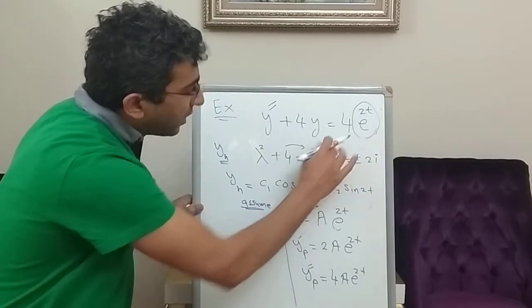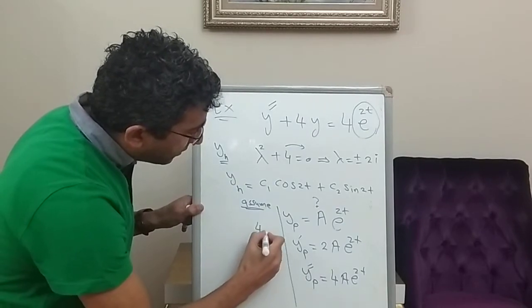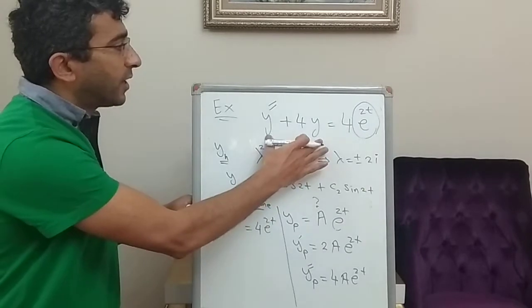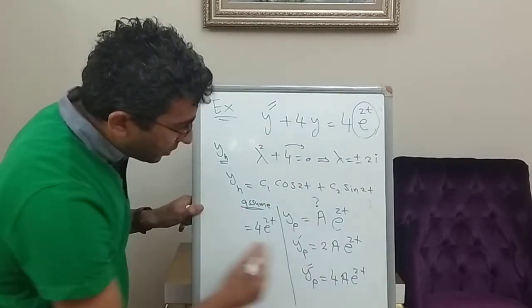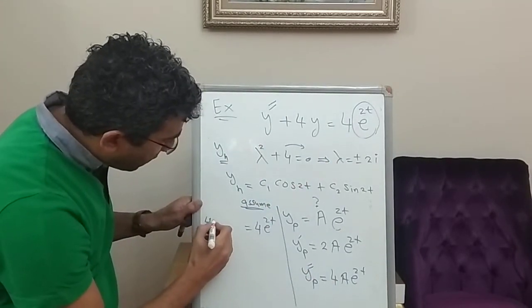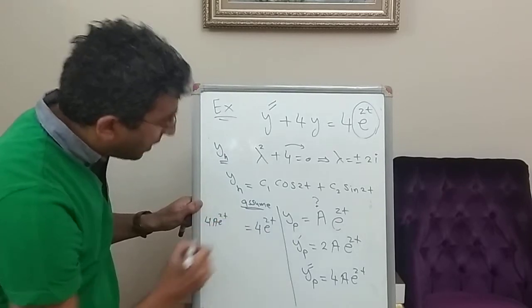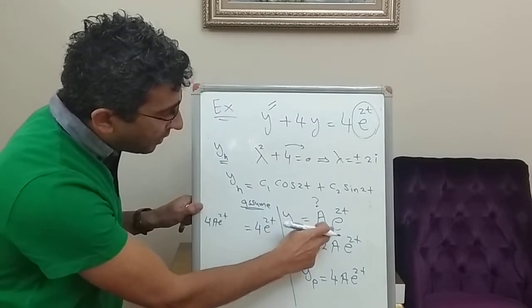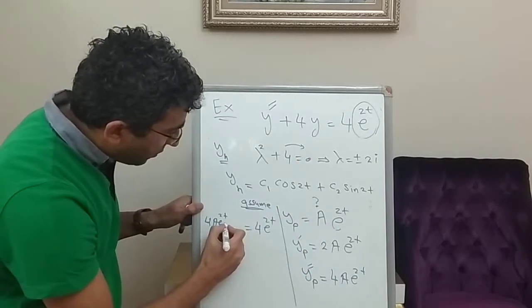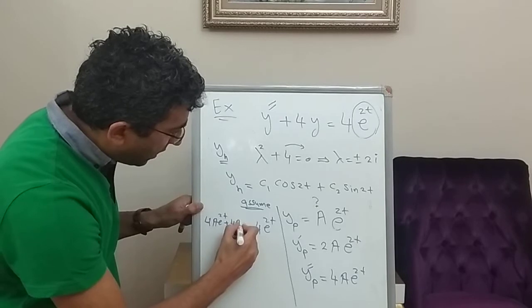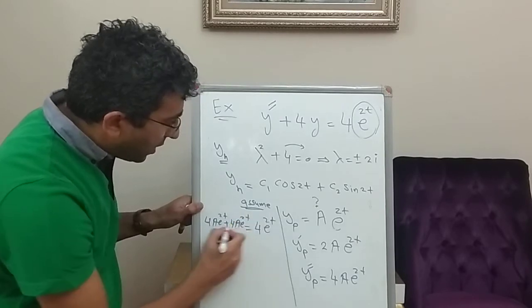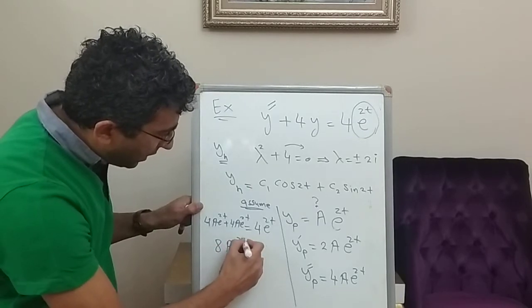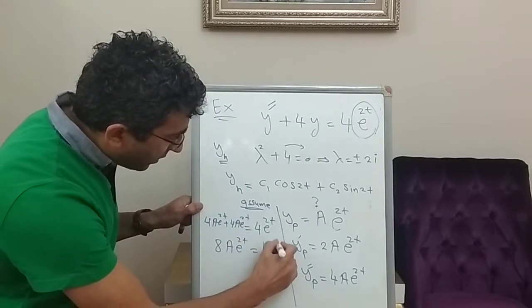So I have here, this is my equation. I will have here 4 e to the 2t. Okay, this is the right hand side. Left hand side, I will have this y double prime, which is 4a e to the 2t, and I will have 4 times y. My y is this, a times that, so it is 4 times that, so it is plus 4a e to the 2t. 4 plus 4 will give you 8a e to the 2t is equal to 4 e to the 2t.